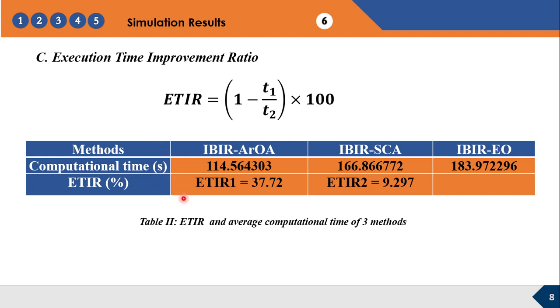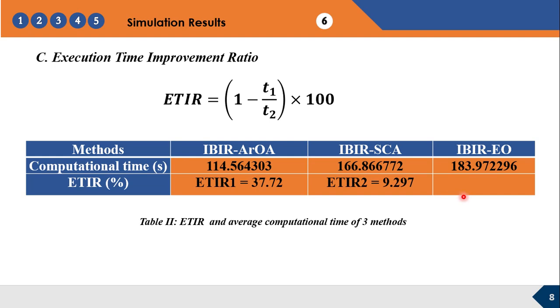Regarding the computation time, which is a criterion we use to compare the convergence of the intensity-based image registration for these three methods, we found that this ratio 1 is almost equal to 37, and this ratio 2 is almost equal to 9 compared to the equilibrium optimizer.